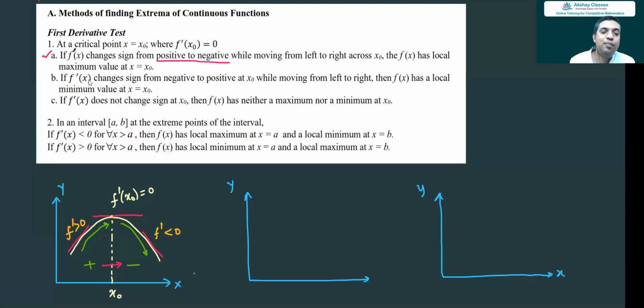Then this is the point of local maximum. So locally, it is a maximum value based on derivatives. Of course, for this, the function has to be a continuous and differentiable function. Now, let us look at the local minimum.